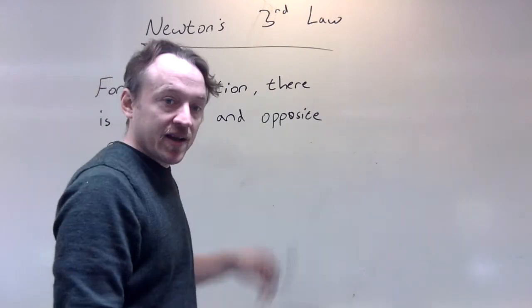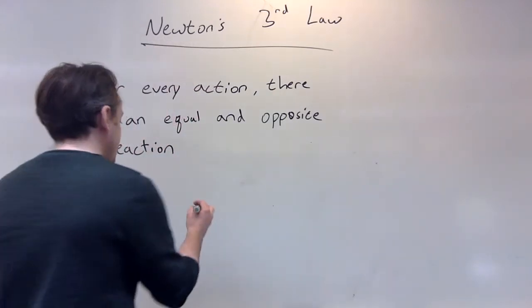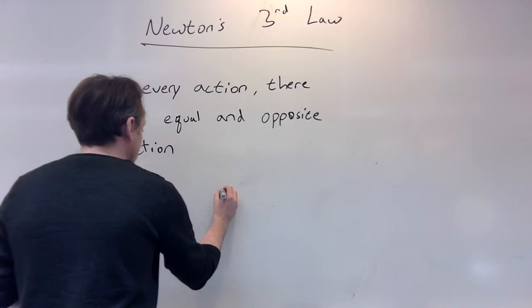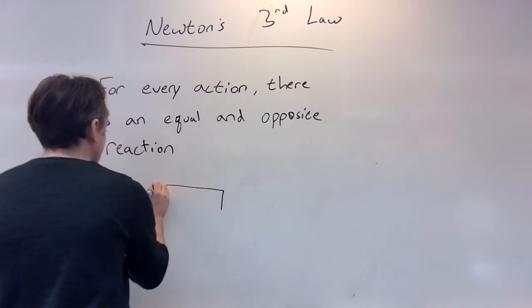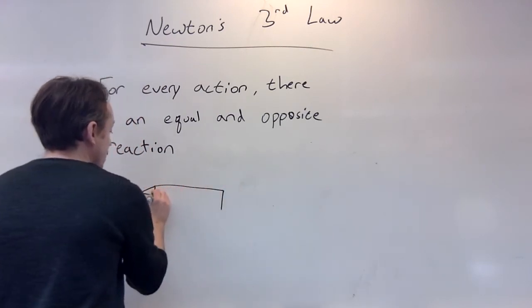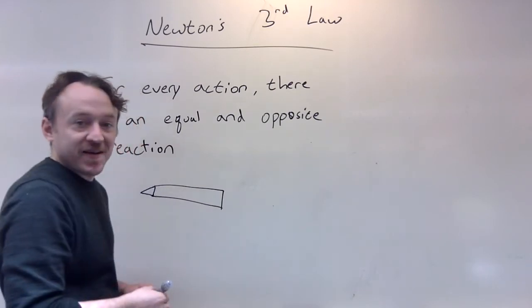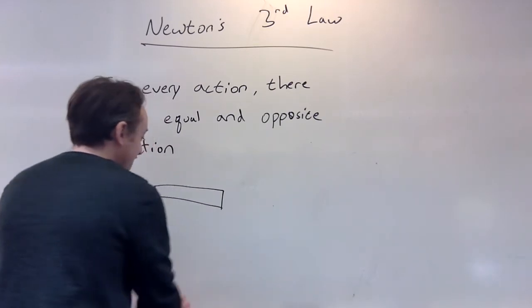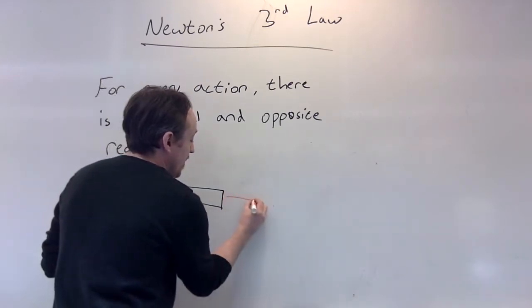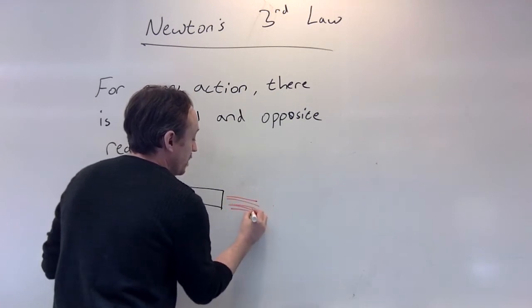So just like the astronaut example with the ball, that's kind of the same thing if I have a rocket, which I didn't plan out how I was going to draw, so that's a really ugly looking rocket. Okay, so the rocket exhausts some kind of fuel this way, right?